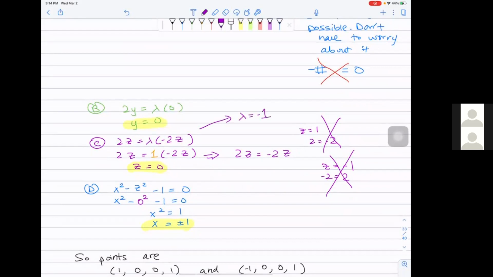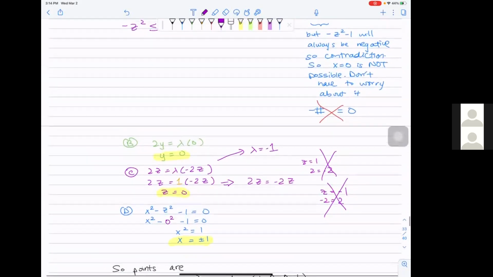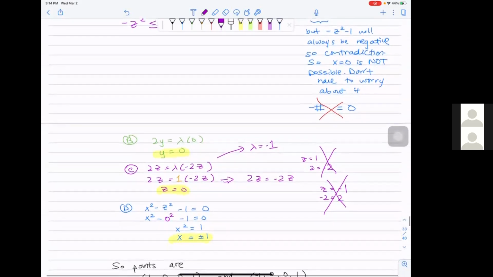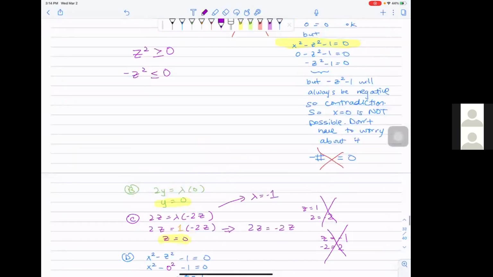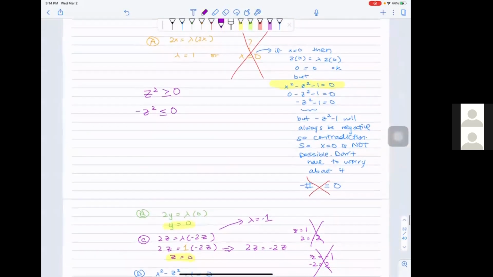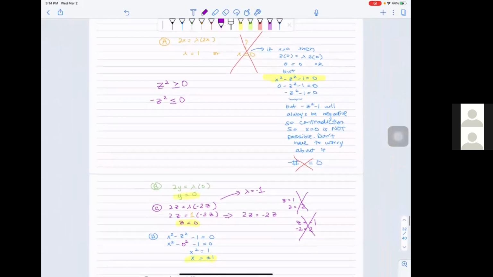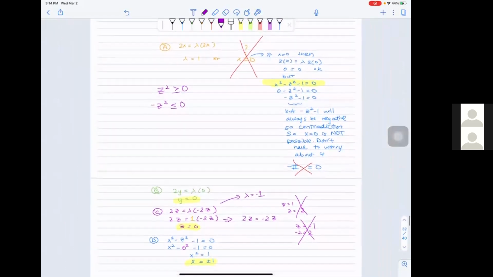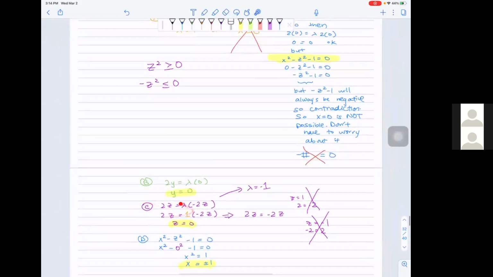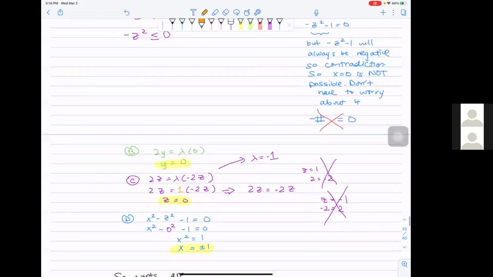Lambda equals negative 1. Okay. So if you did that, that means you'd be starting with this purple and you get lambda equals negative 1, and you have the green, and then you would do the orange next.